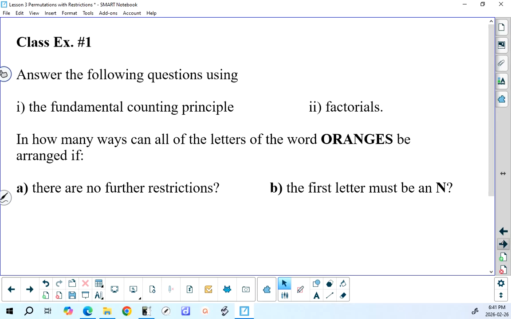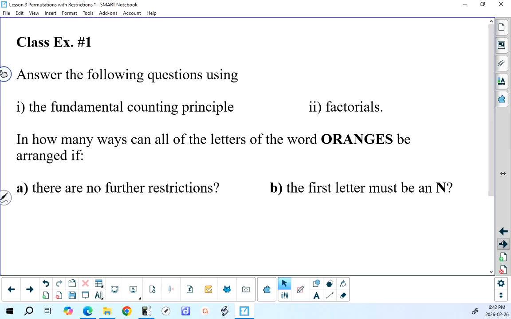So class example 1 asks us to answer the following question in two ways, using the fundamental counting principle or using factorials. We have the word ORANGES, and we're going to arrange all of the letters, but there are no restrictions.